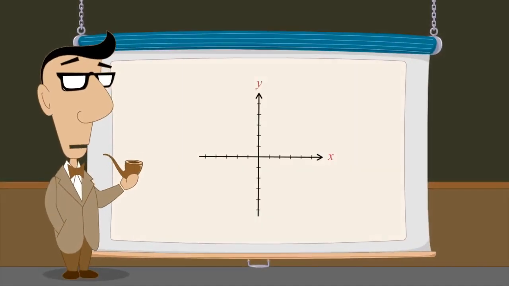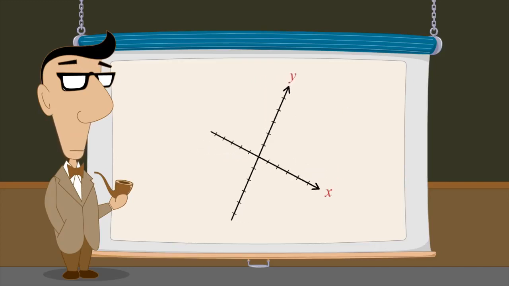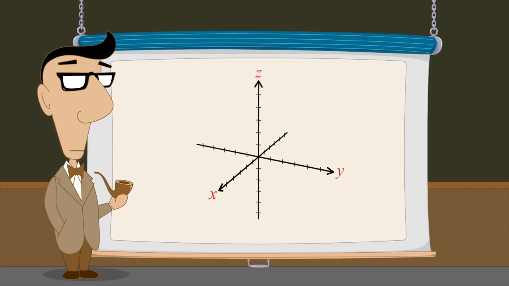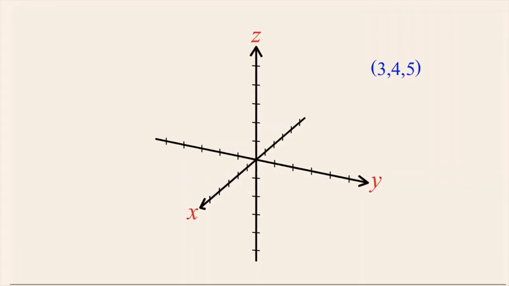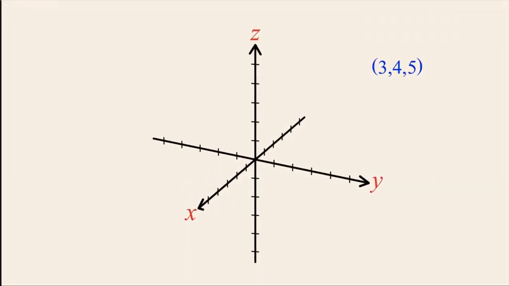Just as the two-dimensional Cartesian coordinate system allows us to graphically display ordered pairs of real numbers as points on the Cartesian plane, three-dimensional Cartesian coordinates allow us to display ordered triples as points in Cartesian space. The elements of an ordered triple corresponding to a point are the coordinates of that point.